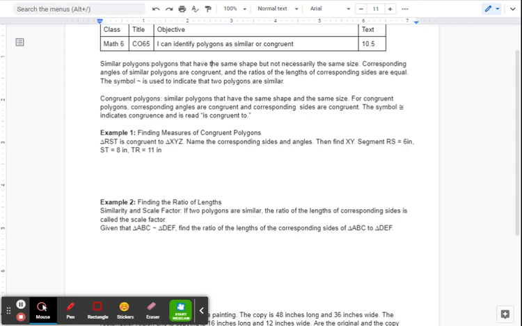What are the corresponding angles? Which angle goes with angle S? If angle S is on this triangle, we want what angle from XYZ goes with it? Bria? How did you know it would be angle Y?